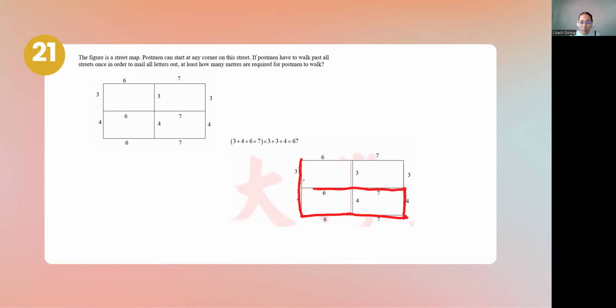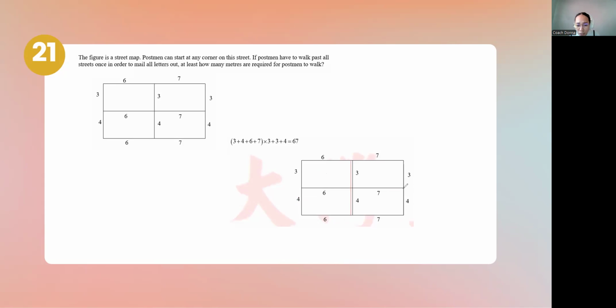Let's pass through 3. Okay, that's 6, 7, 3. But we're gonna pass through this one twice. We can't do that. Let's start at the center.